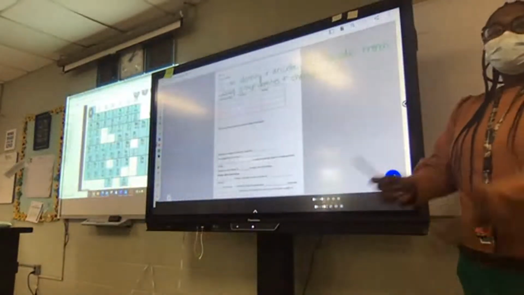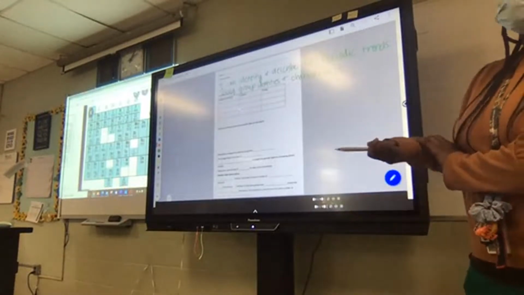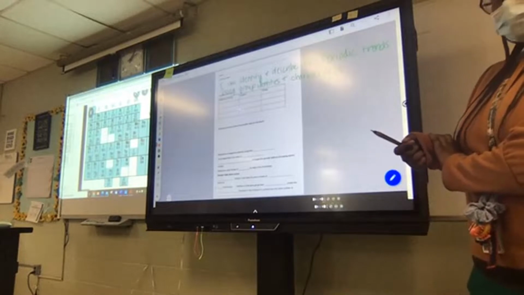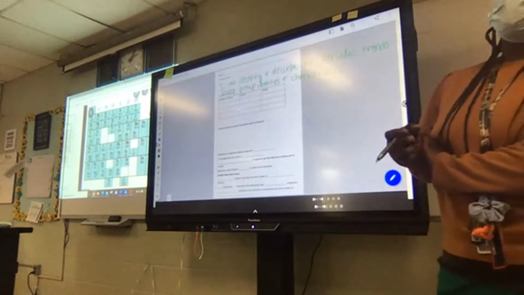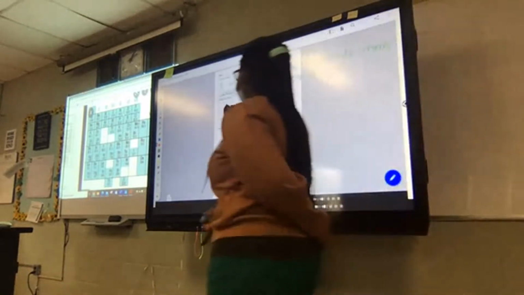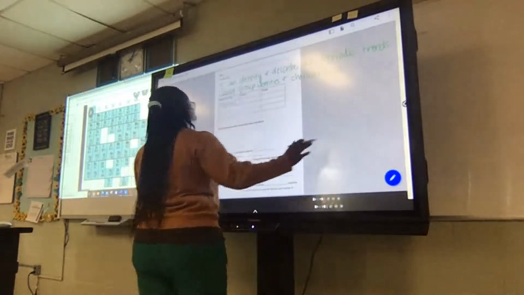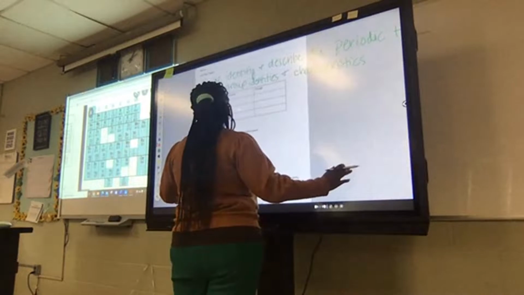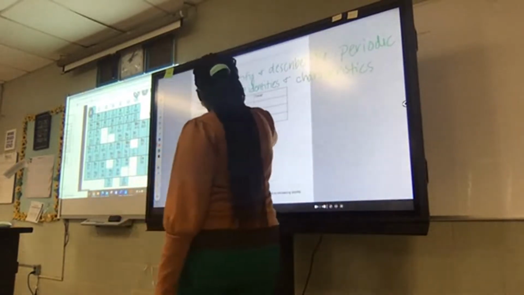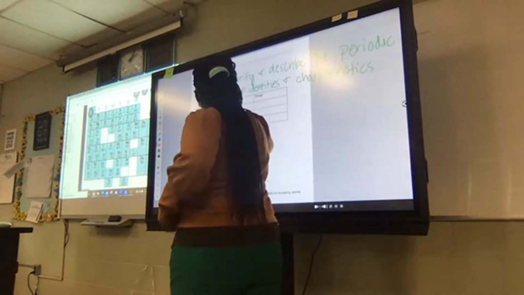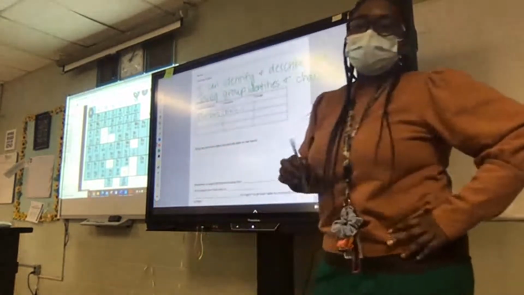All right, everybody ready? Somebody help me fill in this chart. Somebody name a subatomic particle. Proton. Electron. All right, what's the location of the proton? In the nucleus. What is the charge of the proton?